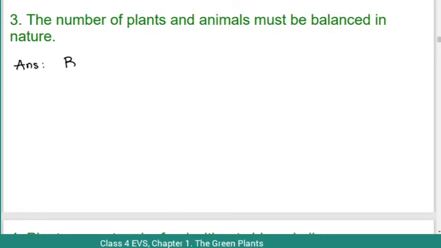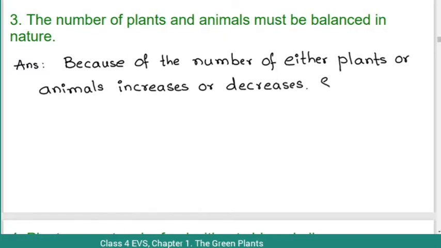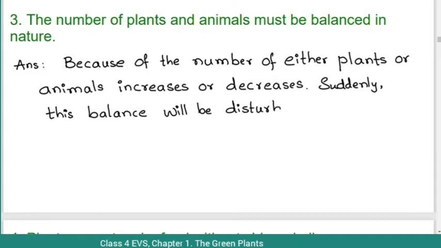Answer, because if the number of either plants or animals increases or decreases suddenly, this balance will be disturbed.